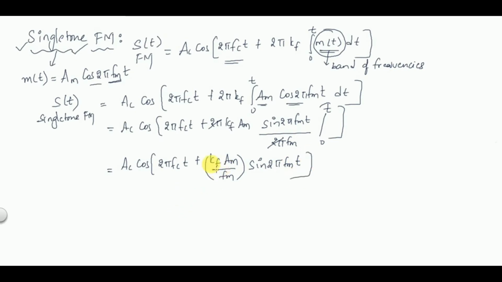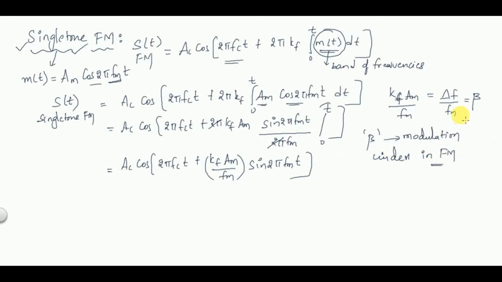Okay, so this term kf Am by fm, what is kf Am? It is delta f. Delta f by fm is called beta, where beta is called the modulation index in FM.